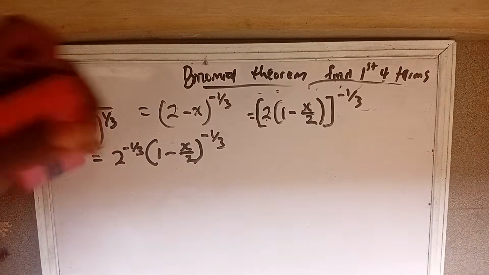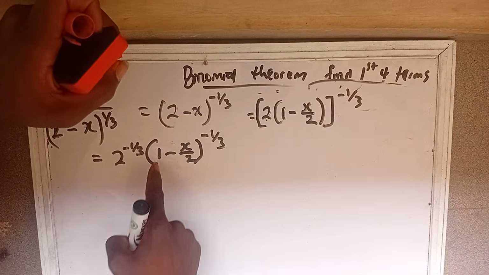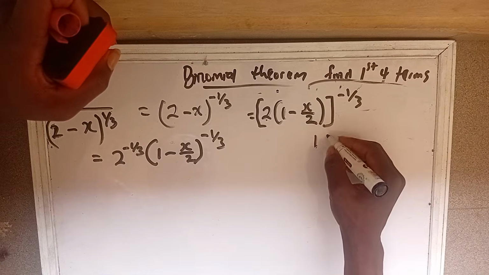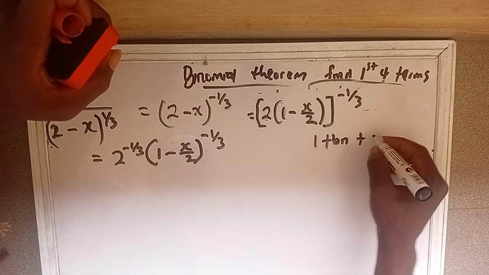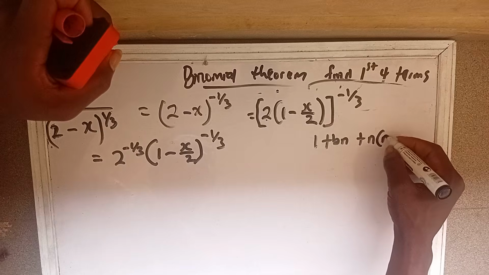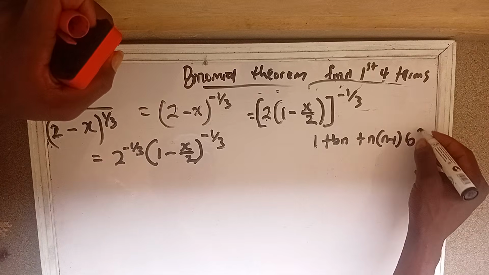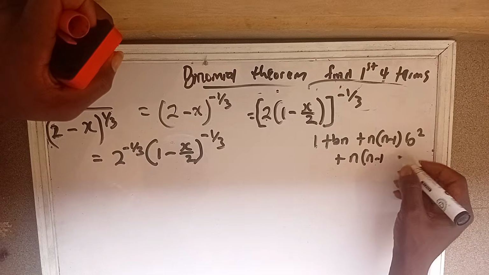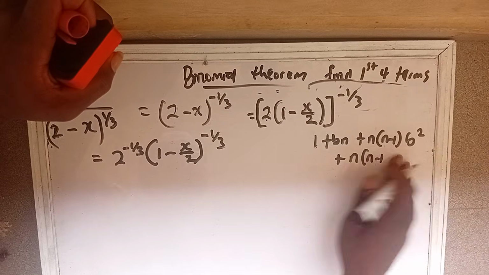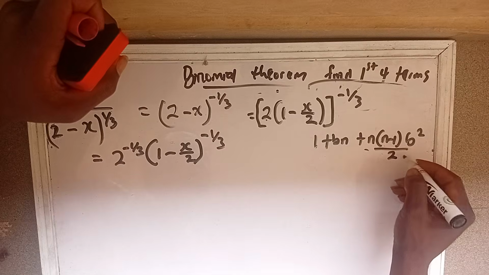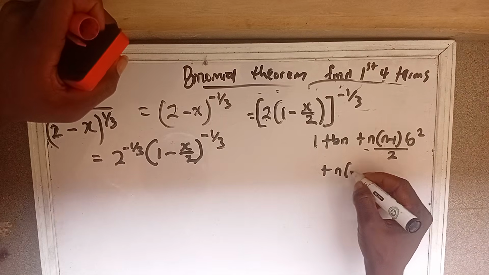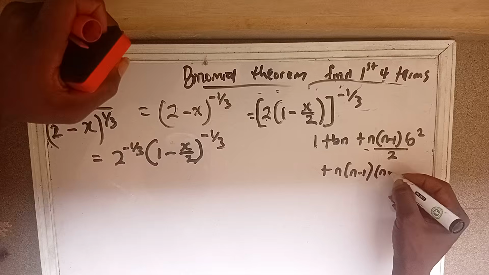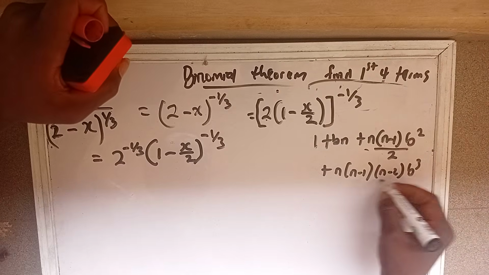So now don't forget the formula that we derived earlier. If your a is 1, it is what? 1 plus what? bn plus what? n into n minus 1 b squared over 2 factorial plus what? n into n minus 1, n minus 2 b cubed over what?